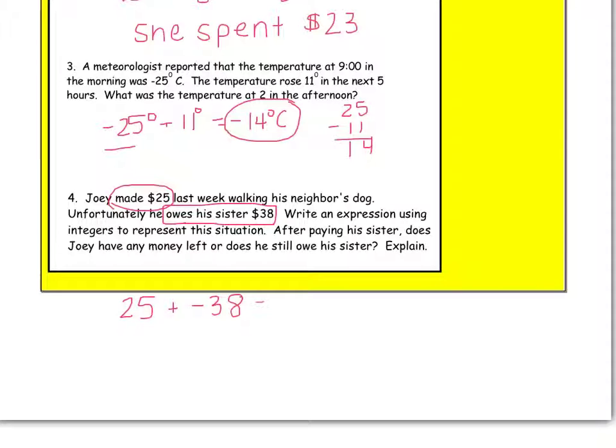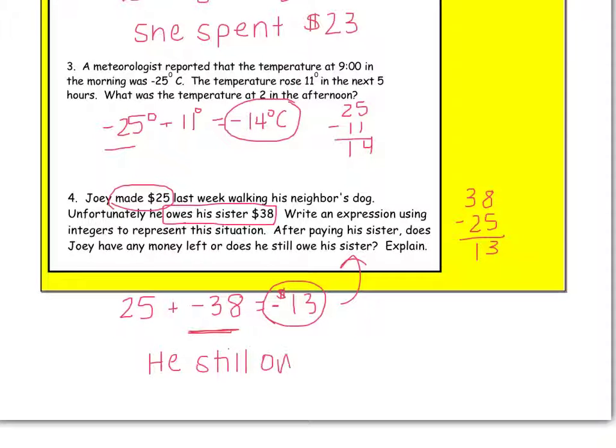So we're going to see where he ends up. Over here, we'll do the 38 minus the 25, and we will come up with $13. However, since the bigger number is negative, it's going to be a negative 13. So to answer the question, if he still has negative $13, that means he still owes $13 to his sister.